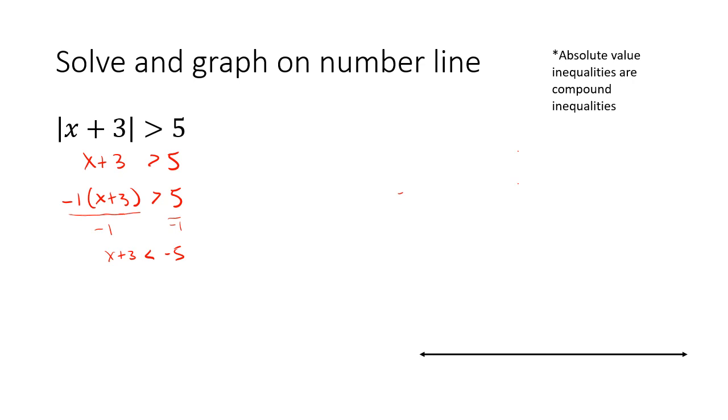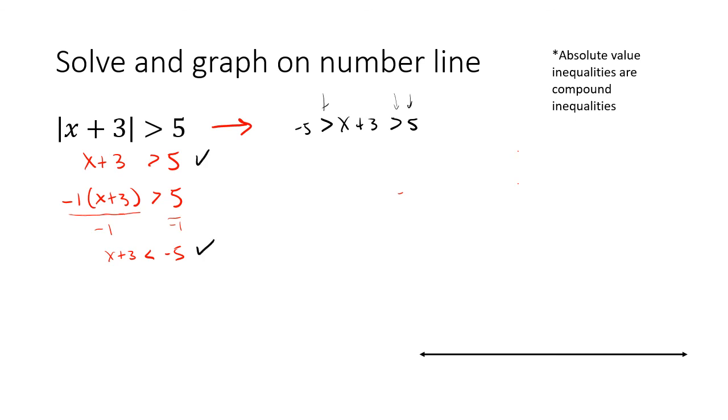Oftentimes teachers will tell you to do this: when you're given this inequality, just straight away write it like this. You write x plus 3 without the absolute value sign, so x plus 3 is greater than 5, and then on the other side, if that's a greater than, then this should be a greater than, and make it the opposite of what's over here, so -5. Notice how that is exactly what we have.